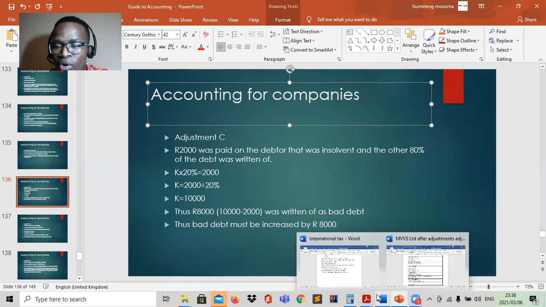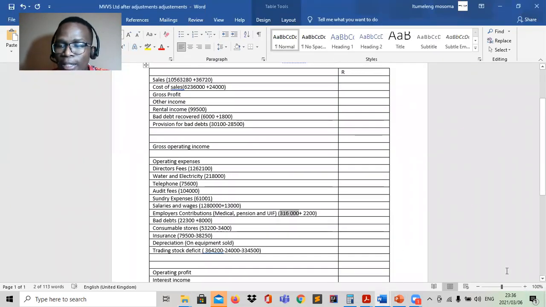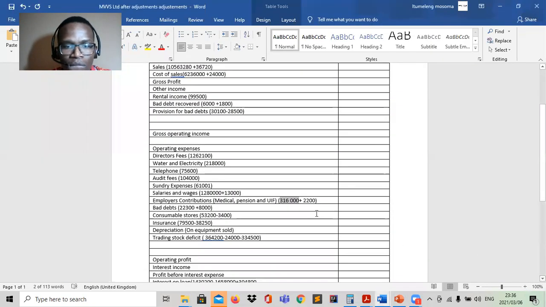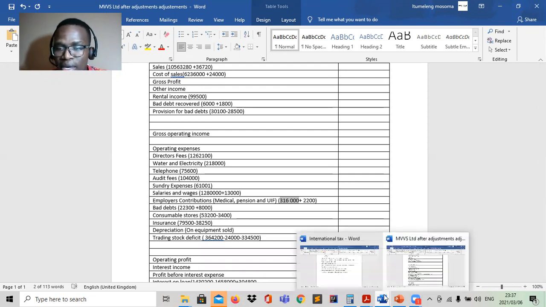So let's see how on your income statement this was reflected. They had bad debt that had already been there, but there's now this debtor who was written off for a bad debt of 8,000. Then we have to increase our bad debt by 8,000, right? Then we move to the next adjustment.